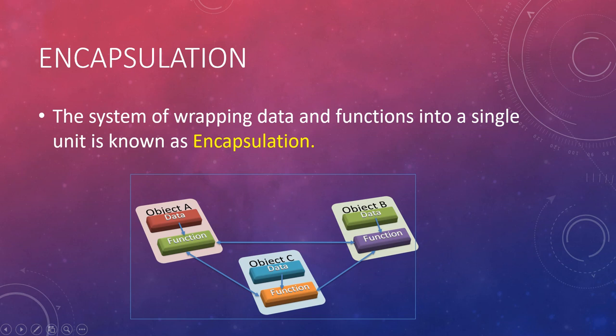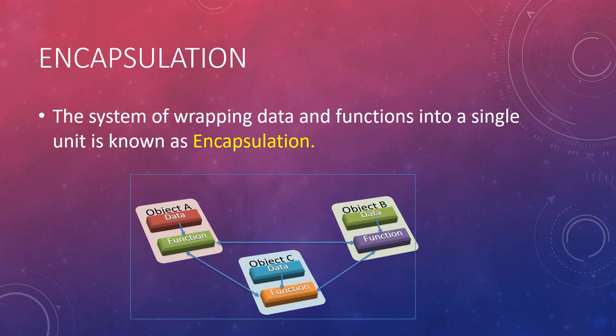You can see the data are being accessed through the functions of each object, and when you communicate between the objects, the communication is done through the member functions. Thus we can say that the data is kept hidden and cannot be accessed directly outside the object. You cannot access the data directly, you can access it only through the functions.